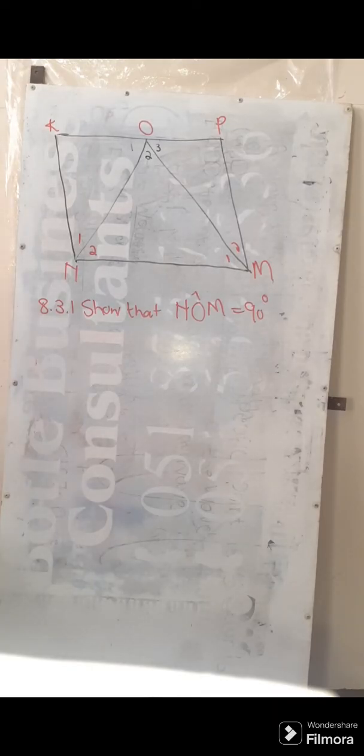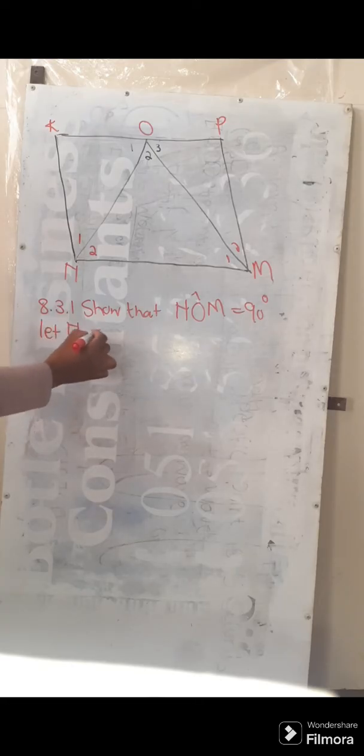So the first thing that we can do for 8.3.1 is let N1 and N2 be x. So we let N1 equal N2 equal x, so they are both x.